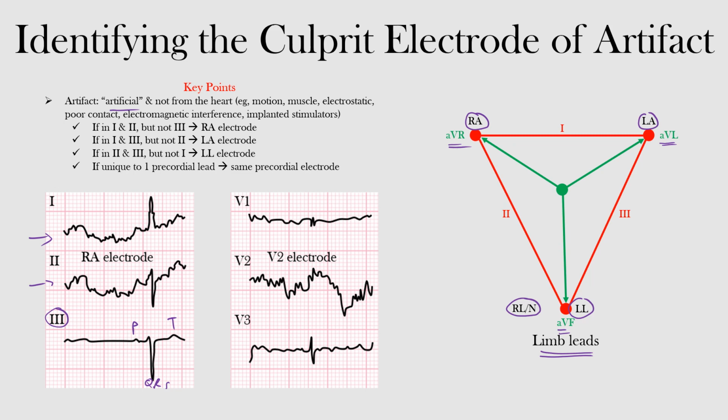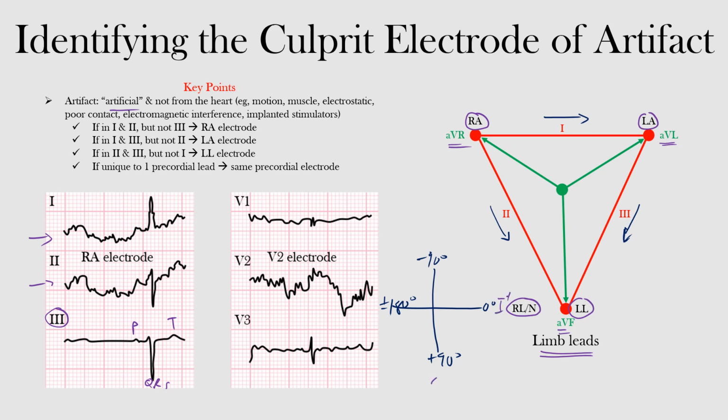Lead 1 goes from the right arm to the left arm. Lead 2 goes from the right arm to the left leg. Lead 3 goes from the left arm to the left leg, heading downwards towards the left leg's electrode. If we draw these on our frontal plane, here's 0 degrees, this is positive 90 degrees, plus or minus 180 degrees, and negative 90 degrees. At 0 degrees we have the positive end of lead 1.